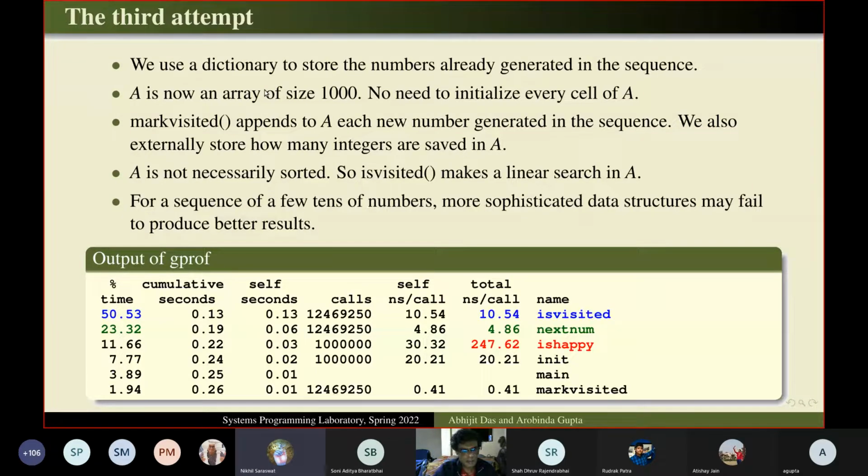Therefore, the percentage contribution of init has significantly reduced. But now I see that is visited has become the primary culprit. It's now taking about 50% of the total time. Next number is taking something like 1/4 of the time, and the remaining things add up to the remaining 1/4.